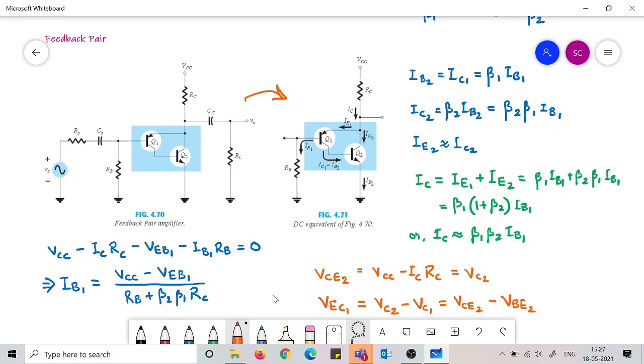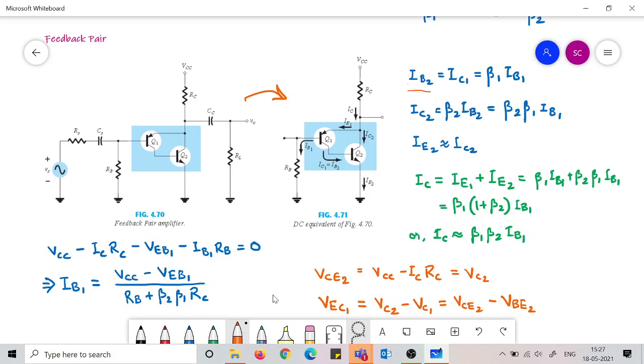The collector of the PNP is connected to the base of the NPN. So the collector current of the first transistor would be beta times the base current: IC1 equals beta 1 IB1, and that is equal to IB2.